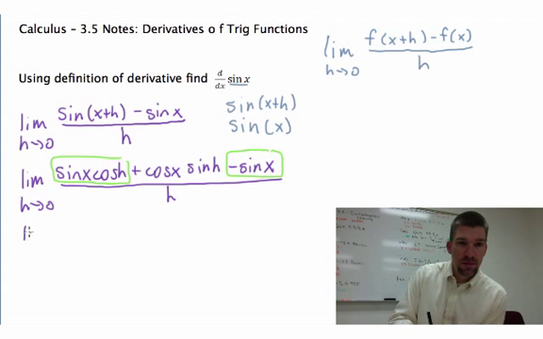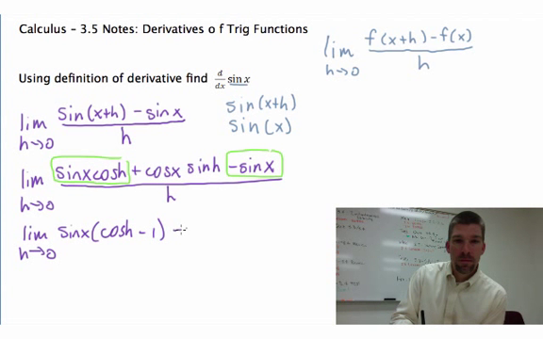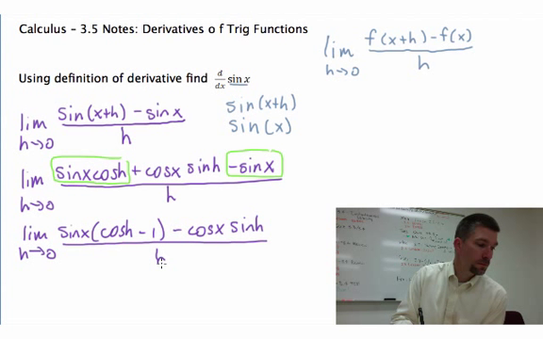So we're going to have the limit as h approaches 0, and I'm factoring out of only the green. So I'm going to have sine x times cosine h minus 1 plus cosine x sine h all over h. Okay, you with me on that?